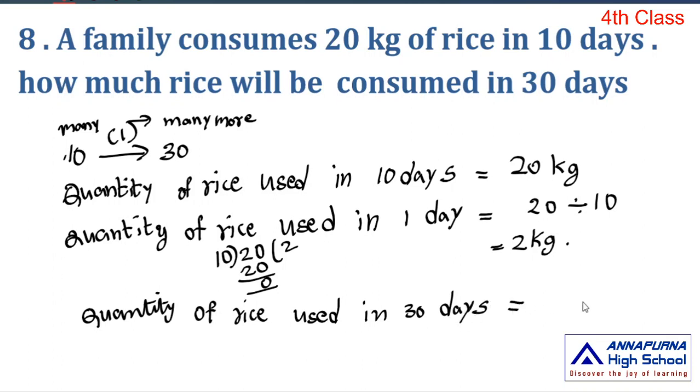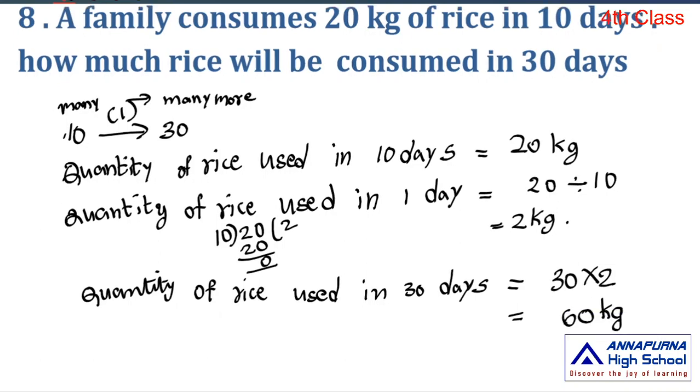So 1 to many, how do we get 1 to many, children? By multiplication. Per one day how much rice are they using? 2 kg. So 30 into 2. So the 2 table, very easy. 2 zeros are 0, 2 threes are 60. So how much rice are they using in 30 days? 60 kgs of rice, children.